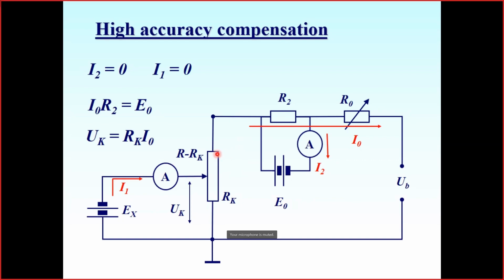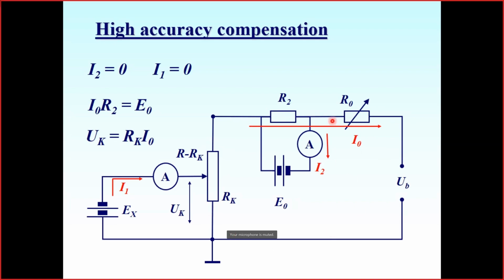First of all, there are different ways to do this, but usually we roughly balance here with any position of resistance R0. This R0 works as just an adjustable resistor and allows us to change the total resistance in a circuit containing resistors R0, R2, and RK.